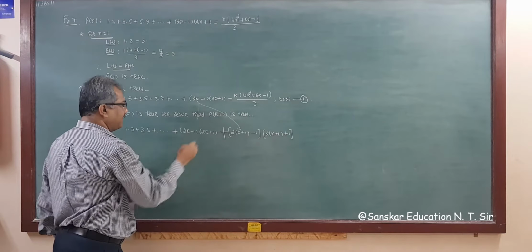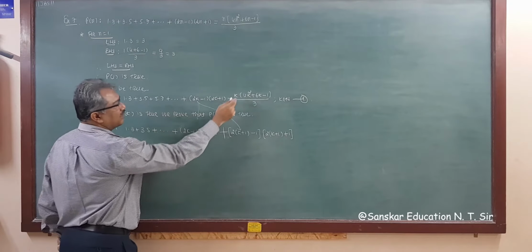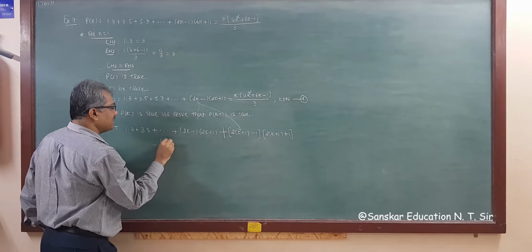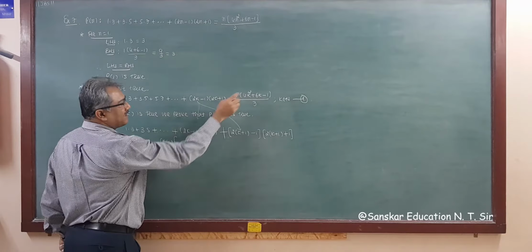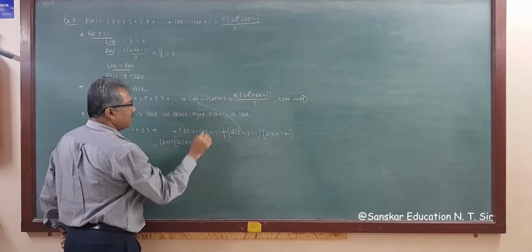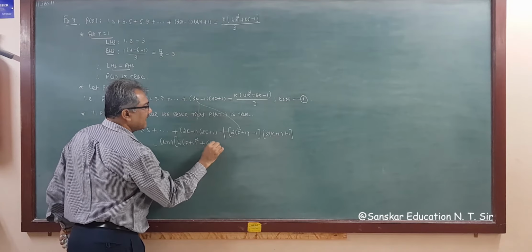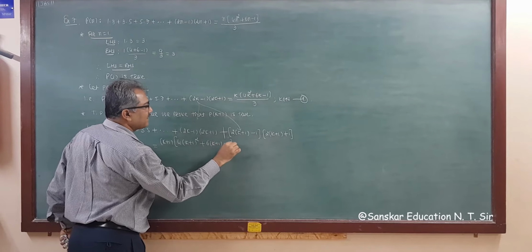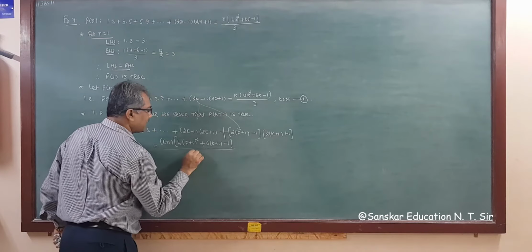And writing right hand side here, this is equal to k is k plus 1, this k, that is 4(k plus 1) whole square plus 6(k plus 1) minus 1 divided by 3.